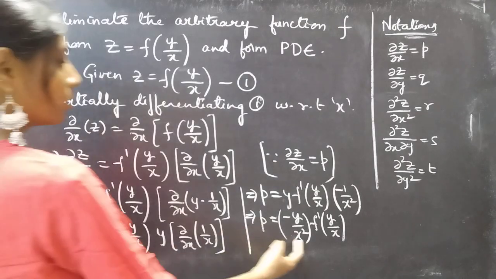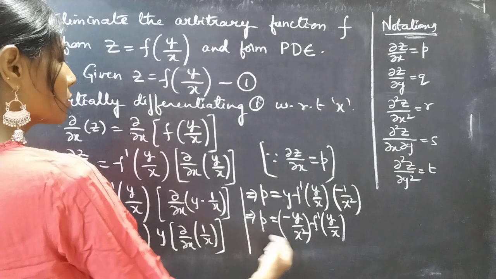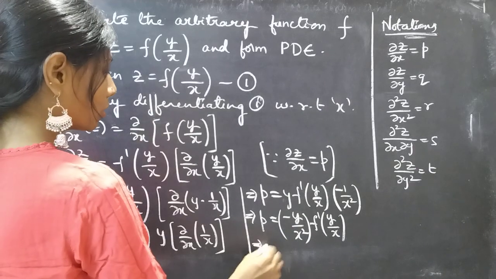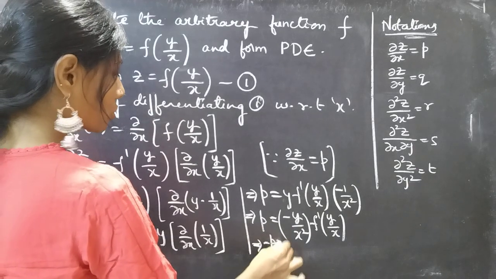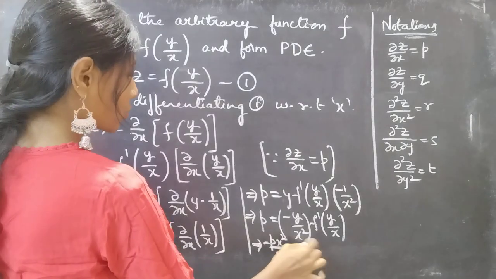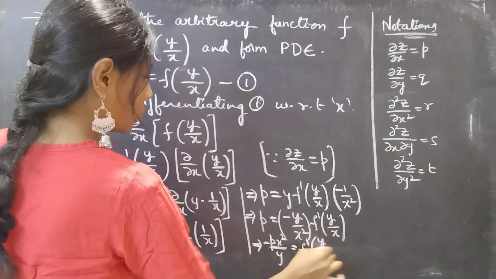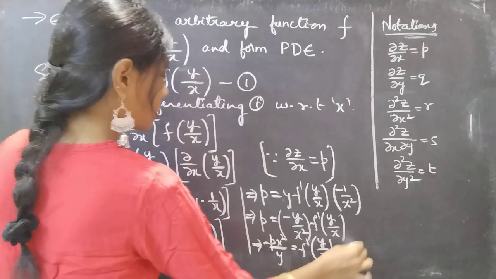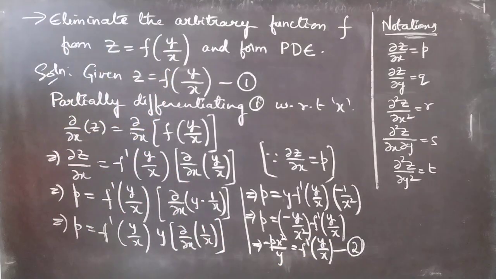Or bring this minus y by x square to LHS, you will get minus p x square by y equal to f dash of y by x. Consider it as equation number 2.